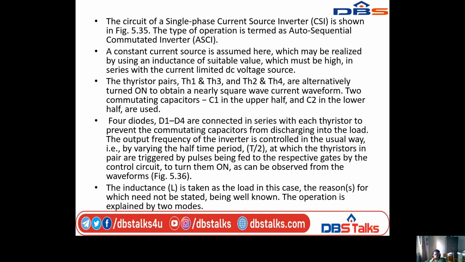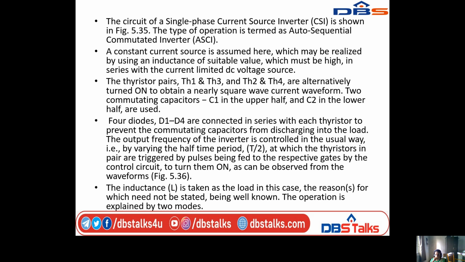The thyristor pairs TH1 and TH3, and TH2 and TH4, are alternately turned on to obtain a nearly square wave current waveform. Two commutating capacitors are used, C1 in the upper half and C2 in the lower half. Four diodes D1 to D4 are connected in series with each thyristor to prevent the commutating capacitors from discharging into the load.